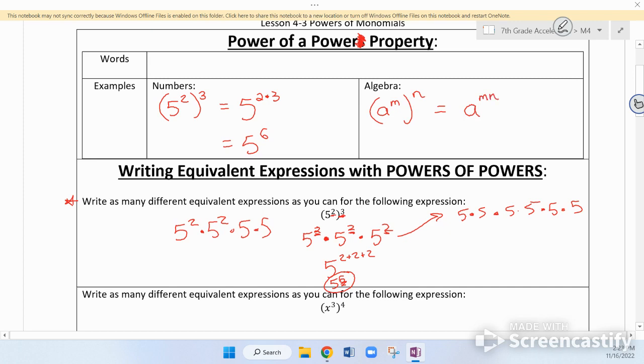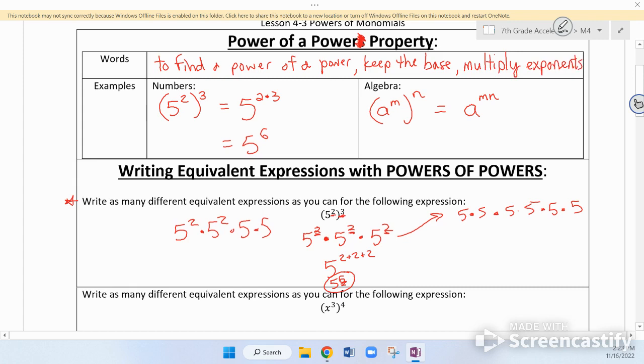We just slap them right next to each other, a to the mn. In words, to find a power of a power, keep the base, multiply exponents.